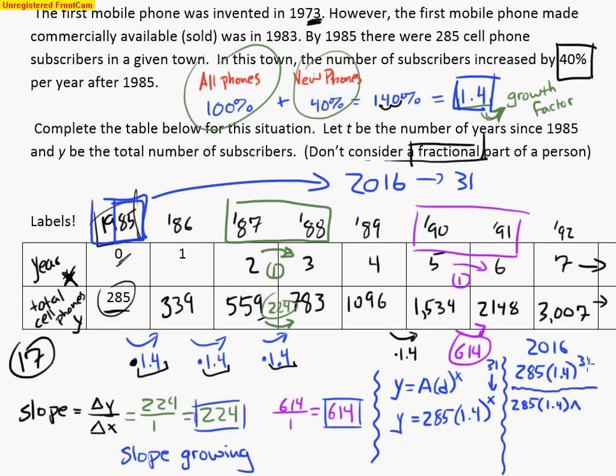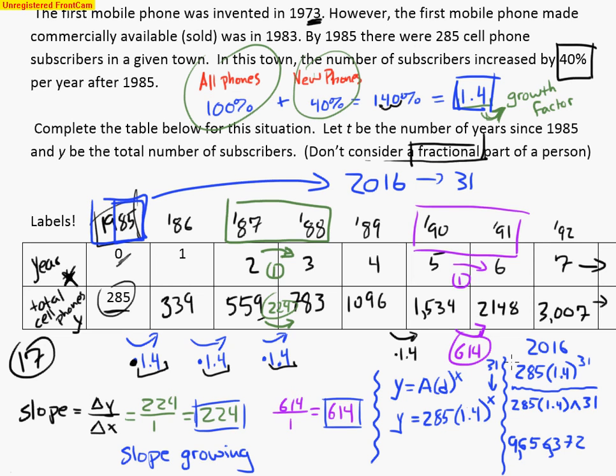That says to this power, and you put 31. And then you'll get the correct answer. And my correct answer is 9,656,372.